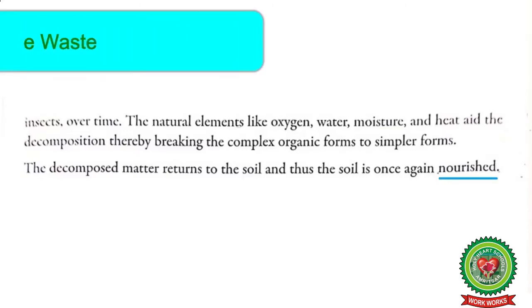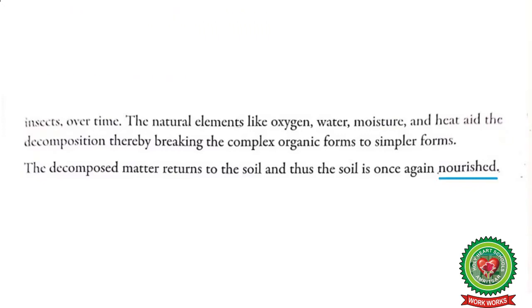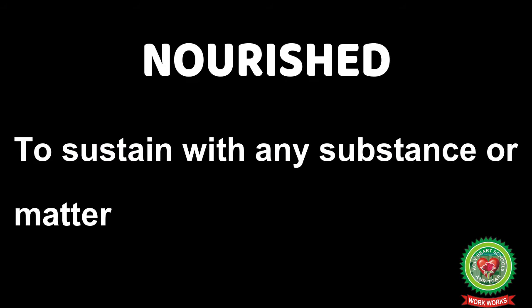Students, the natural elements like oxygen, water, moisture and heat also help in decomposition and break the complex organic matter into simpler form, and this decomposed matter returns to the soil and provides nourishment to the soil. Students, underline the word nourished and write down its meaning: to sustain with any substance or matter.